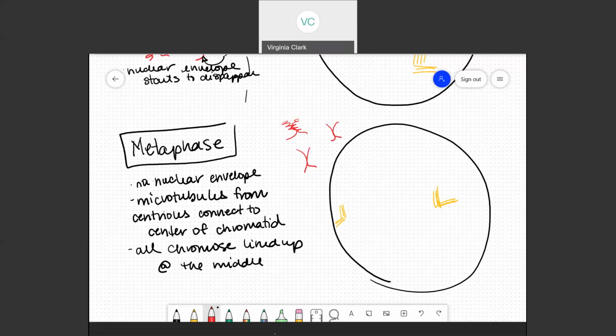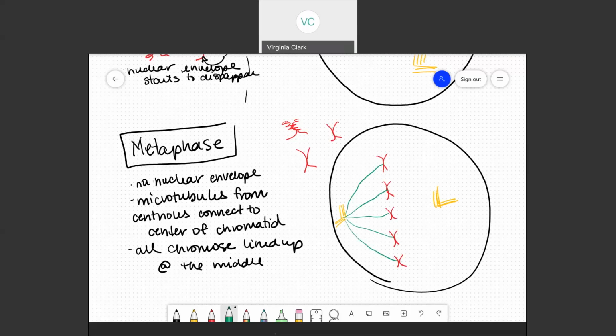So what these guys have done is you have essentially lined up all of your sister chromatids down the middle between the two centrioles. And they have sent out these little tubes that are called microtubules, and these attach to the center of the centriole.